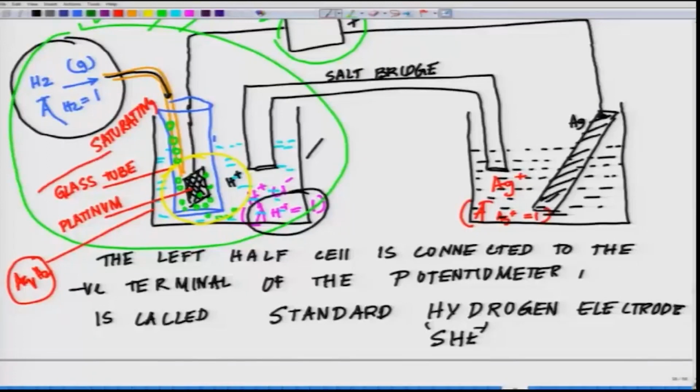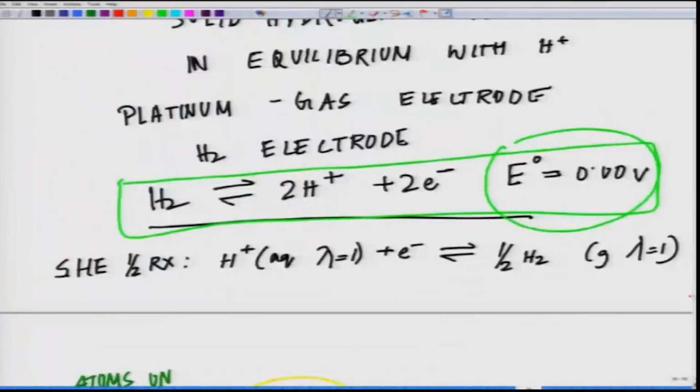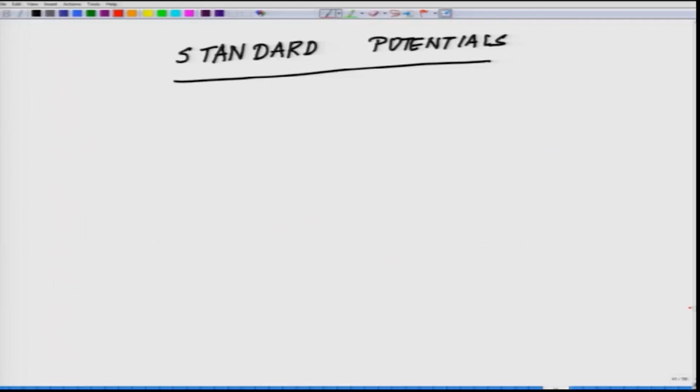The activity of the hydrogen gas is unity if the pressure of hydrogen is 1 bar, and the reaction comes to equilibrium at the surface of the platinum electrode, as shown here. This is the standard hydrogen electrode half reaction, and to it we arbitrarily assign a potential of 0. That is what we have discussed.